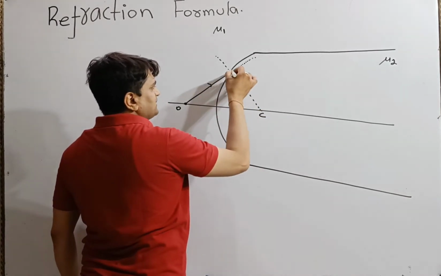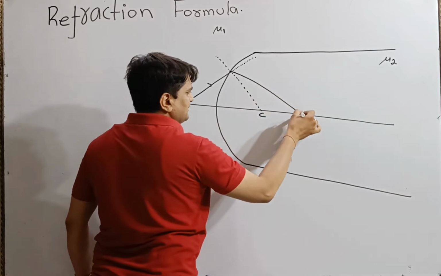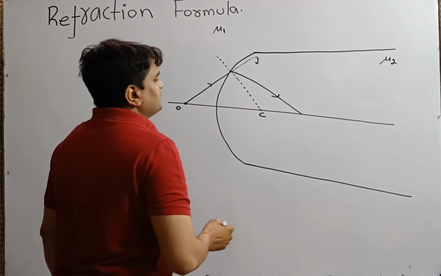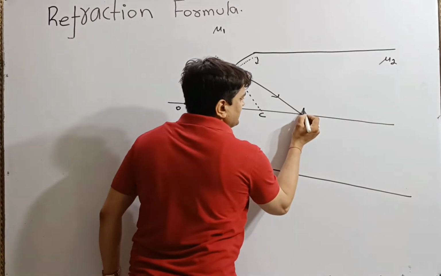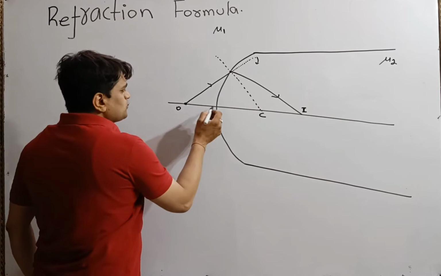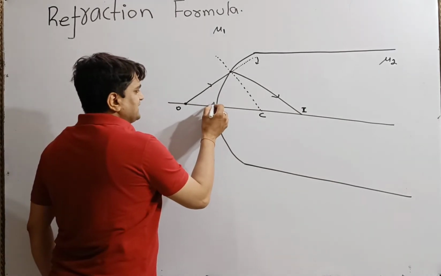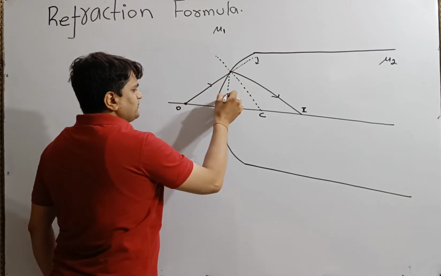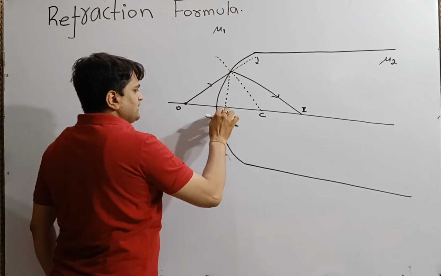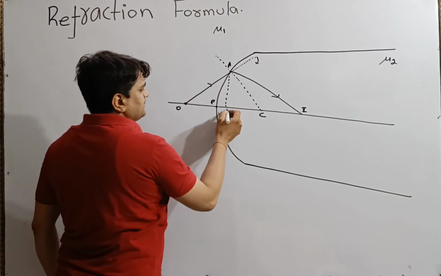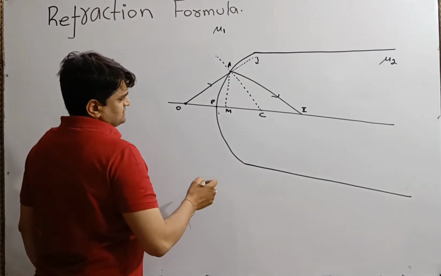Okay, this is the normal, so light will bend towards the normal and the final image is formed at I. Okay, this is O, let's consider this as P, and draw a perpendicular from point A on the axis.